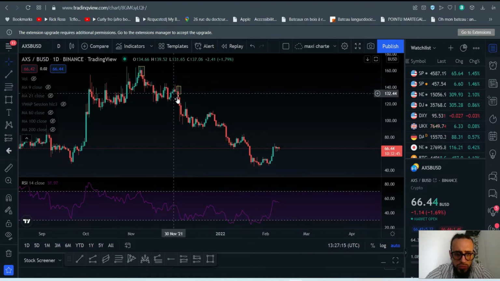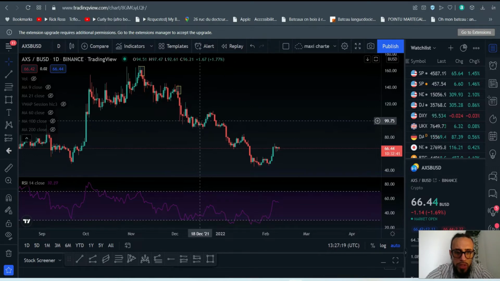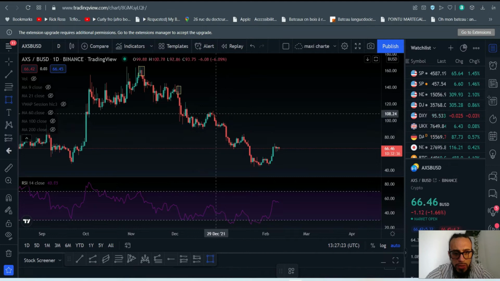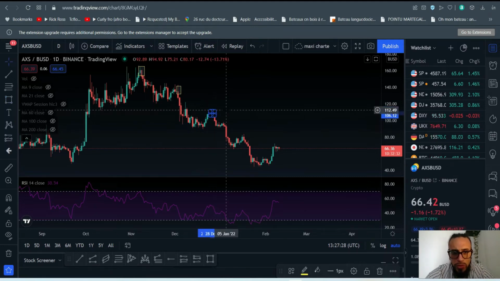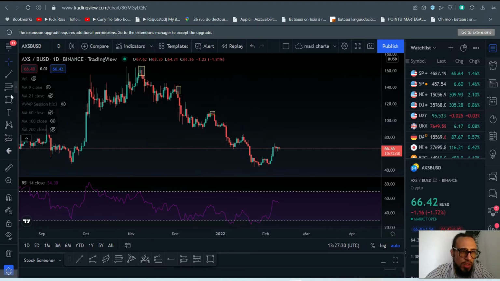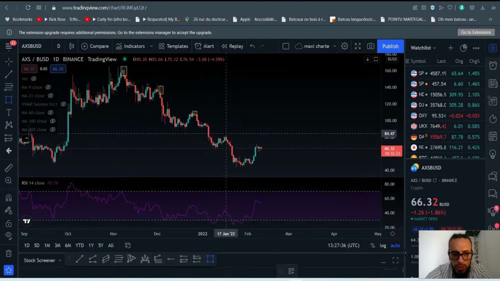Then break of structure here, lower low, lower high. So in this lower high, we get another POI right there. We'll zoom in and narrow down these candlesticks to find the POIs. Gonna have another one around there too.